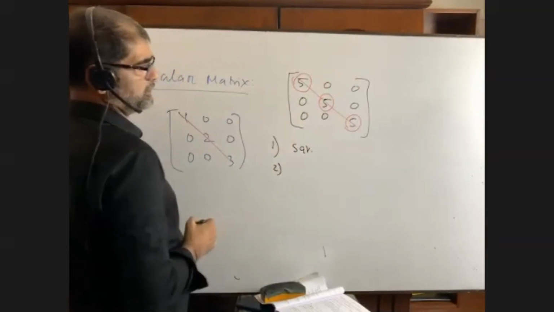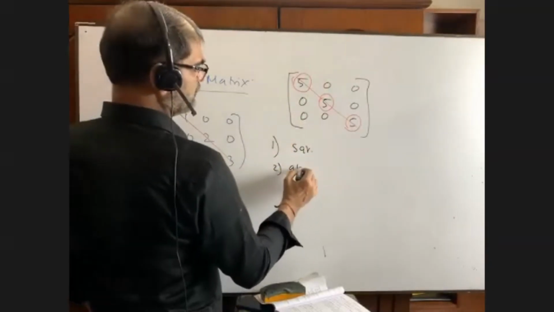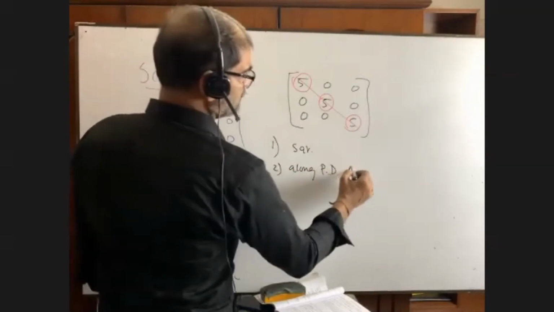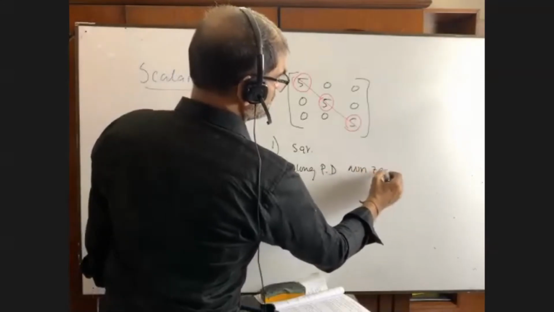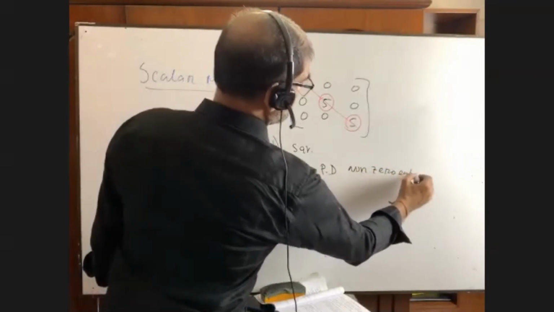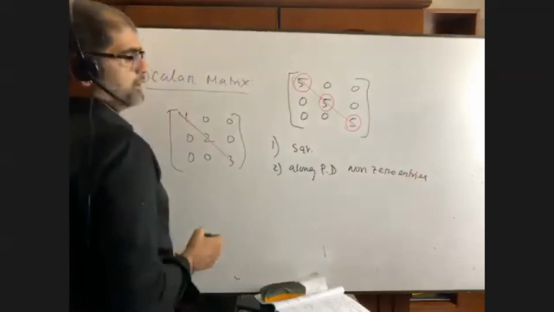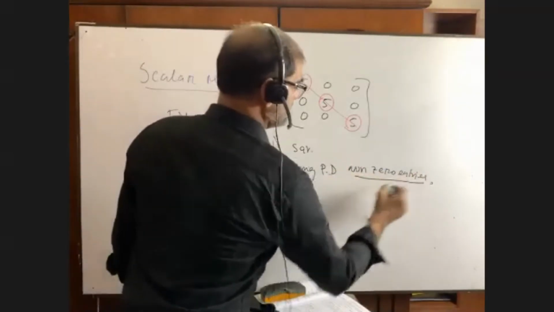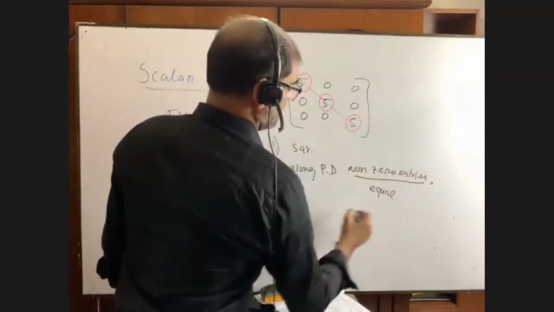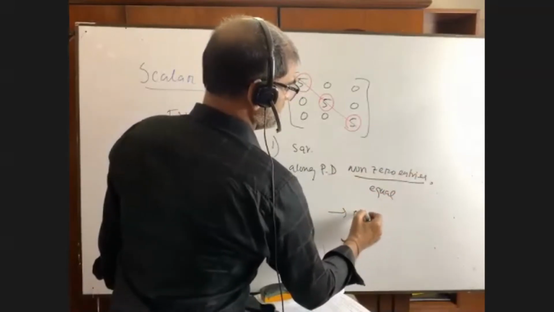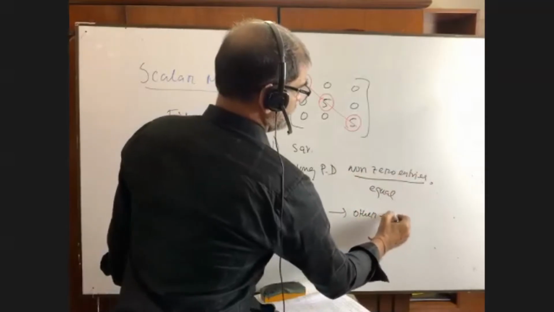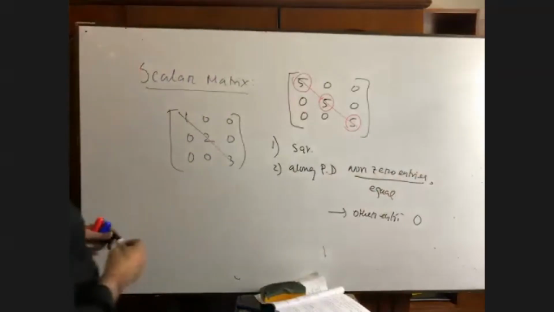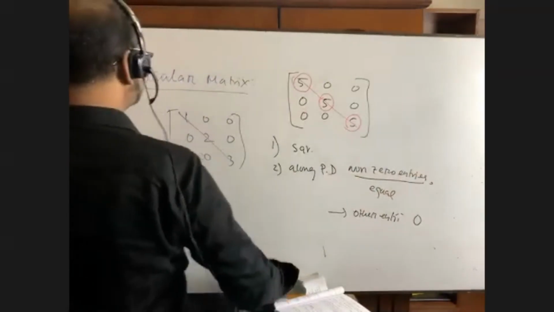Number 2, along the principal diagonal, non-zero entries, right? And these non-zero entries will be equal. And other entries are 0. So there are many conditions to become a scalar matrix.